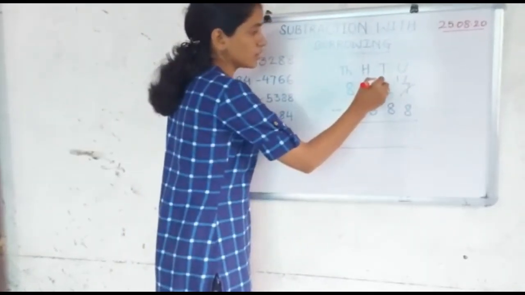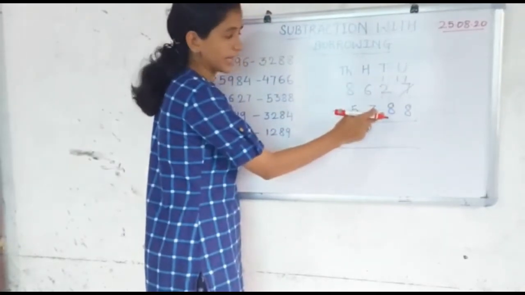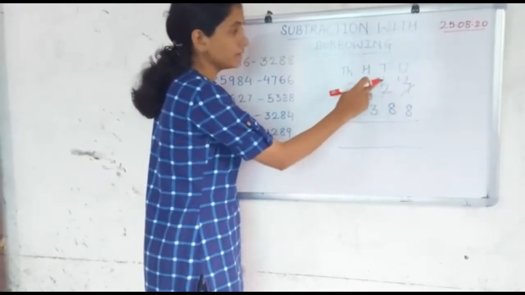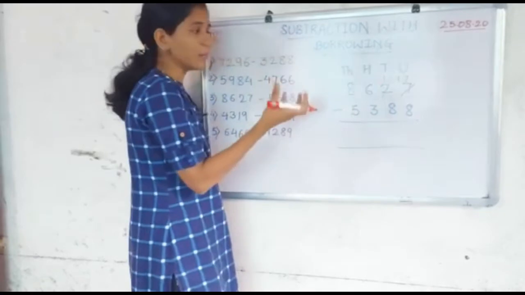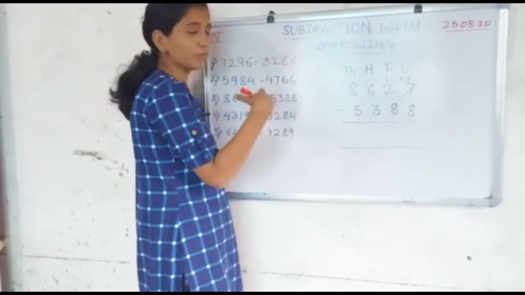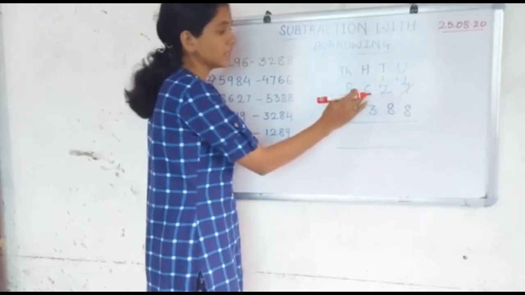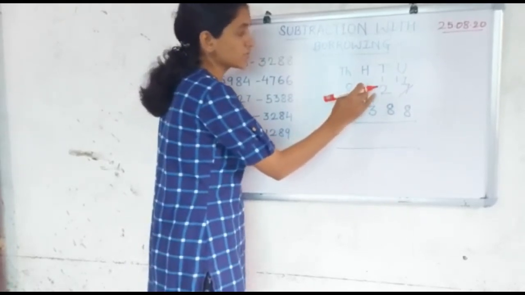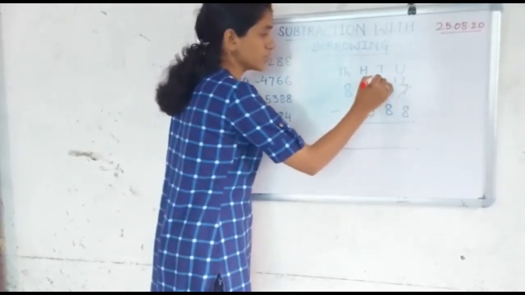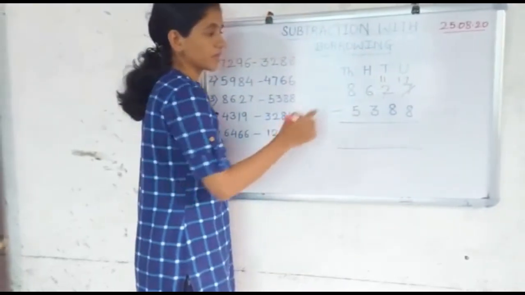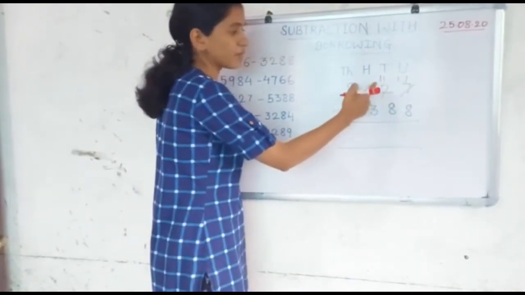Now here you cannot subtract 8 from 1. So again the number 1 has to borrow from the number sitting right next to it, that is 6. So 6 will give one number to 1, so it will become 11. Now you can easily subtract 8 from 11.